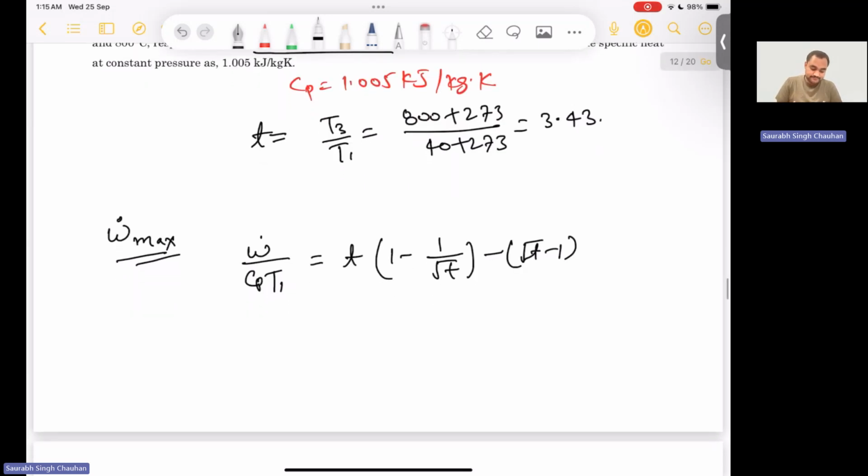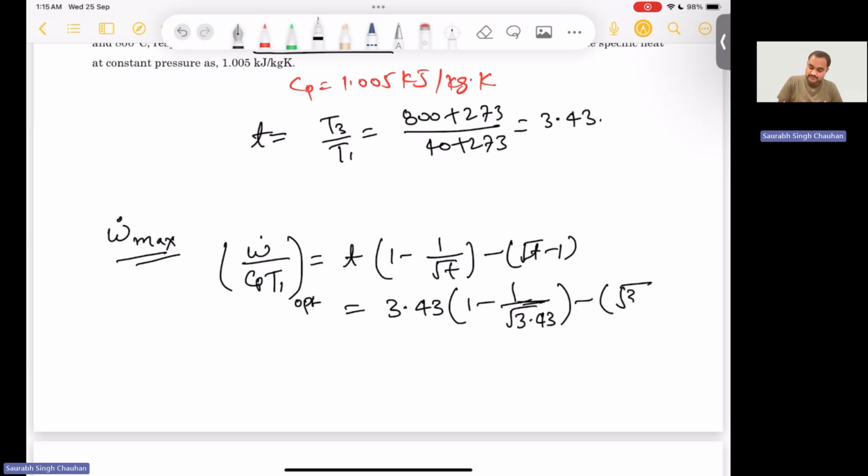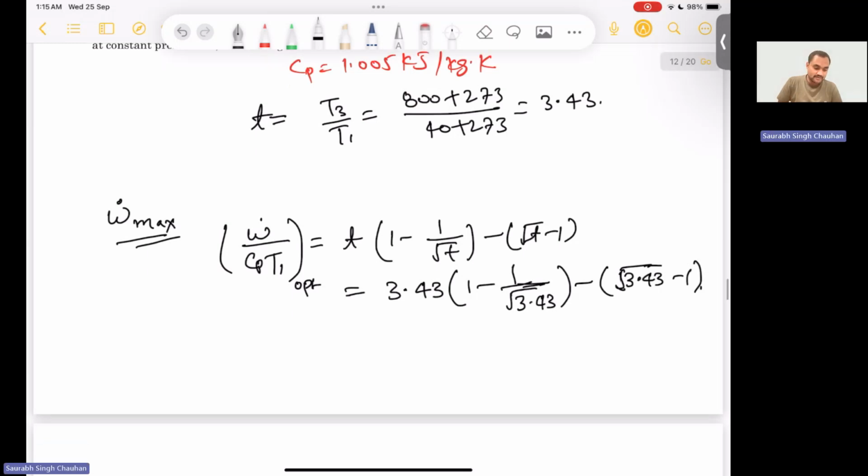This is the optimum value. If you substitute the values for T, you will get root 3.43 minus root of 3.43 minus 1, and if you calculate this value, it comes out to be 0.725.